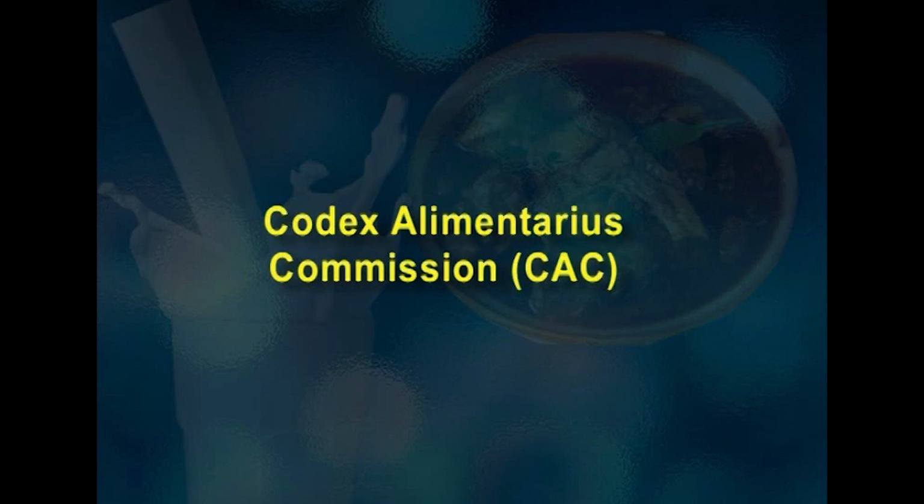So the FAO, the Food and Agriculture Organization, and WHO, the World Health Organization. These are the two international organizations for setting the international food standards. The Codex Alimentarius Commission, or CAC. According to this, all types of foods, either processed, semi-processed or raw foods, for distribution to the common man, need to maintain the standards.